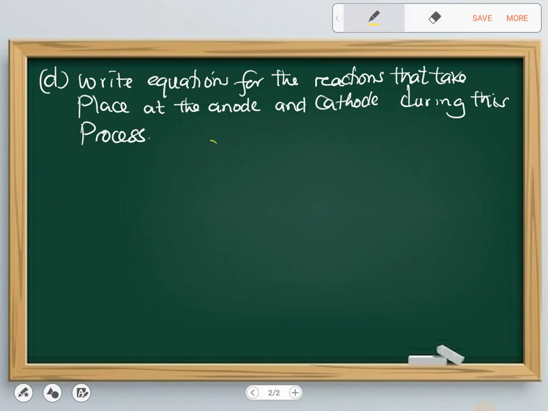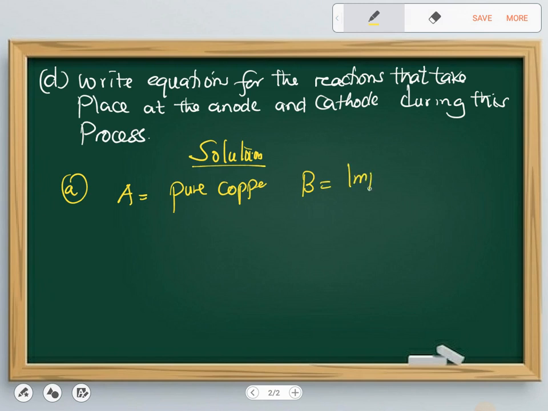So let's look at the solutions. Part A: electrode A is made from pure copper, and B is made from impure copper. There's a reason for that.